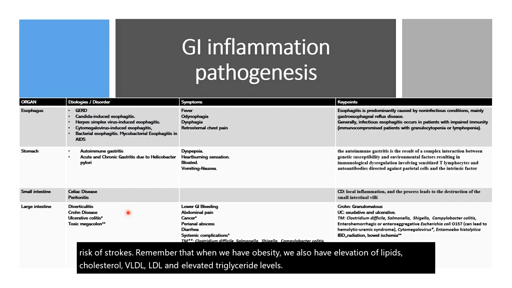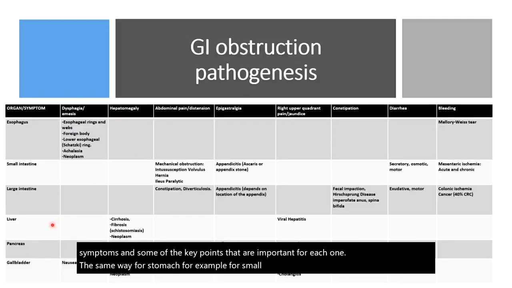Please review each one of these charts. Here I'm indicating through each one of the organs, for example, esophagus, each one of the disorders, symptoms, and some of the key points that are important for each one. The same way for stomach, for small intestine and for large intestine.